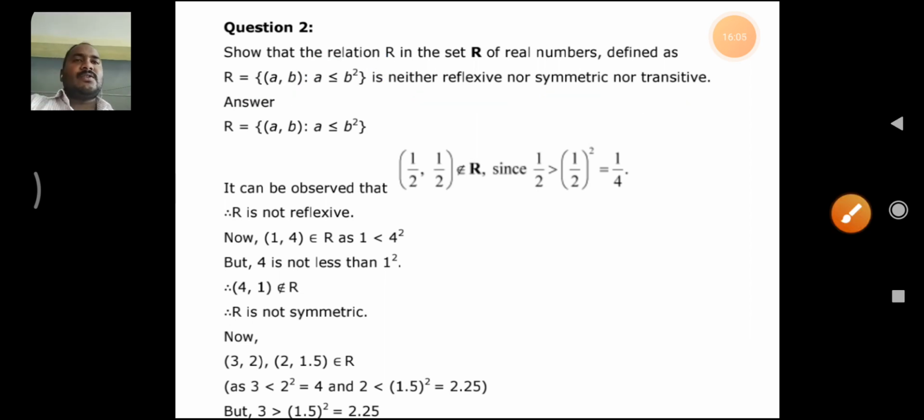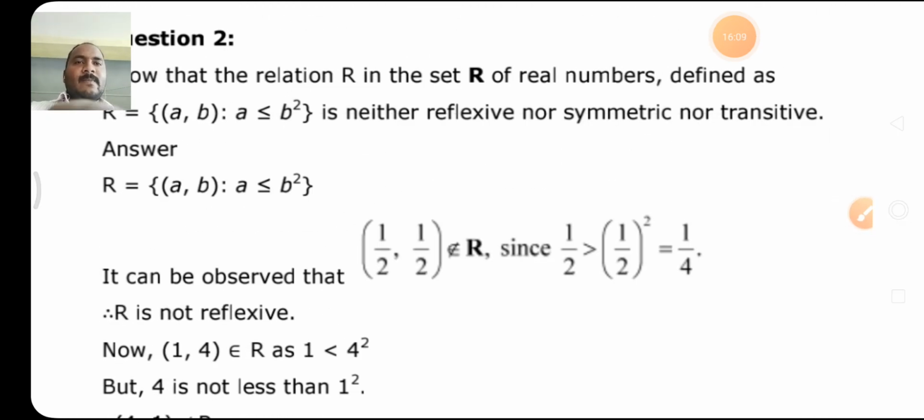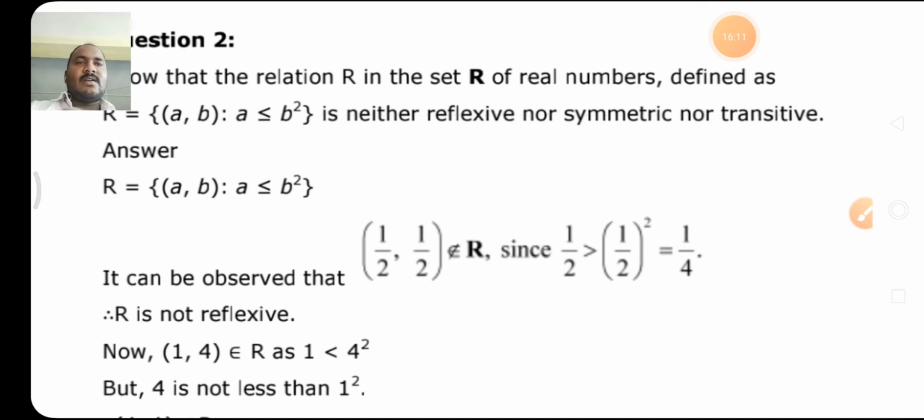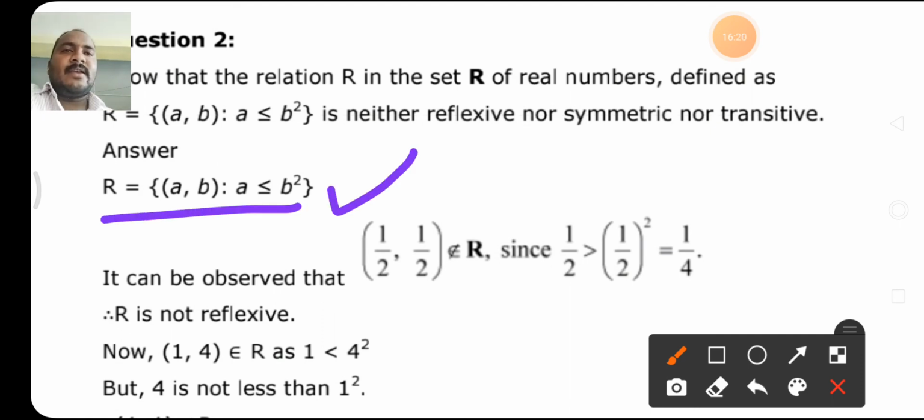It means to show that R is not reflexive, R is not symmetric, R is not transitive.